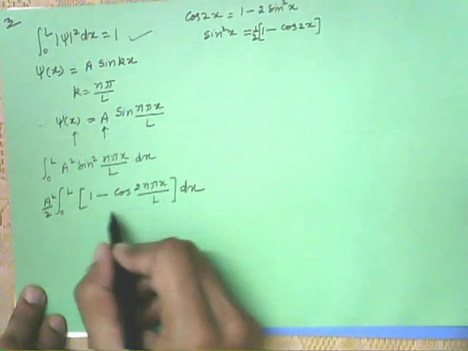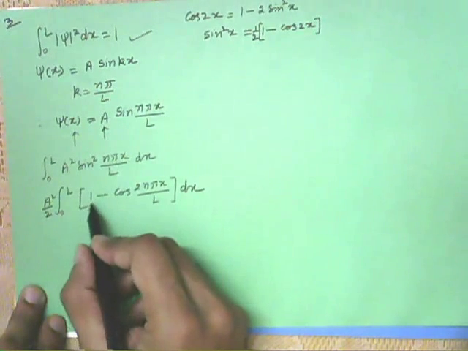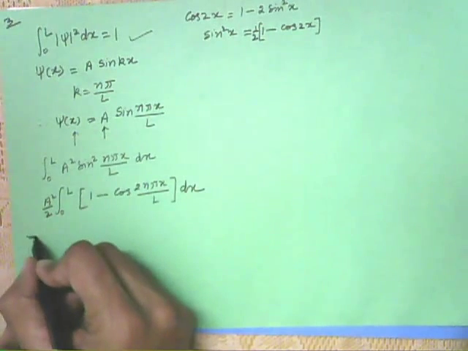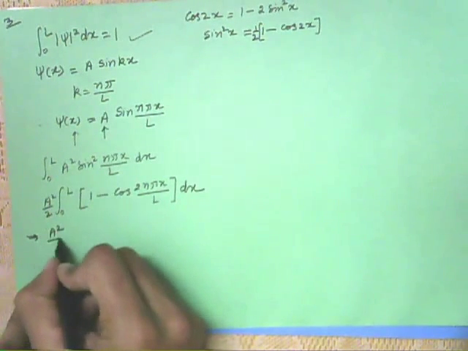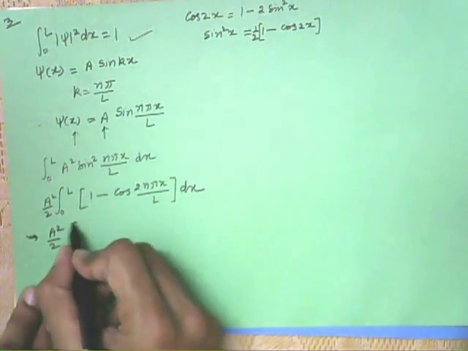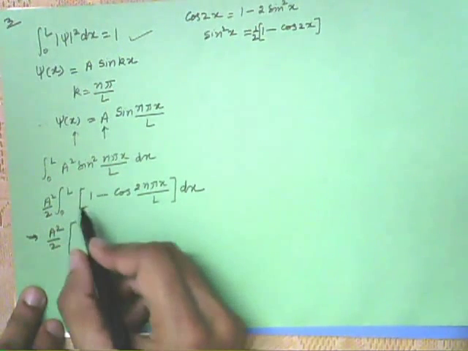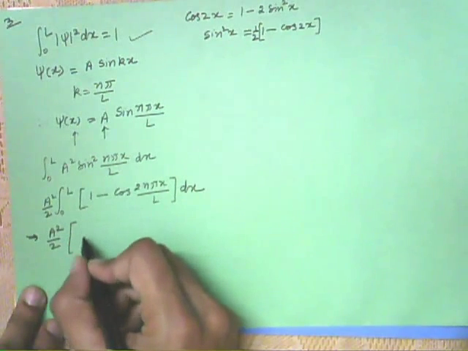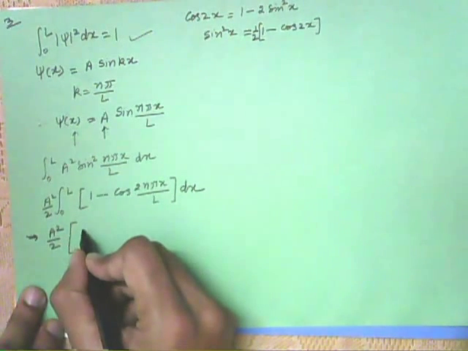So after integrating these two functions, this becomes a square upon 2, 0 to L, 1 dx, and the integration of this single number will be x.